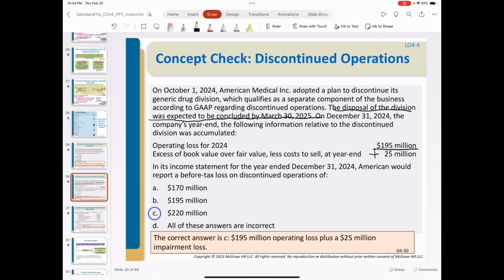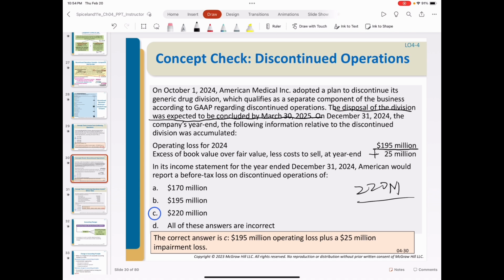So total will be 220 million. And so the after-tax impact, you just multiply by 1 minus the applied tax rate. And since this question asks us for the before-tax loss, this is the sum of operating loss and impairment loss.